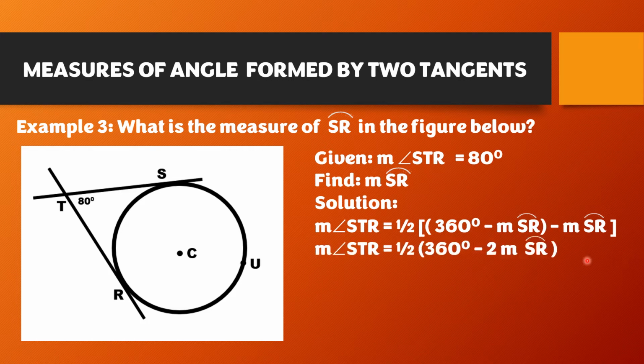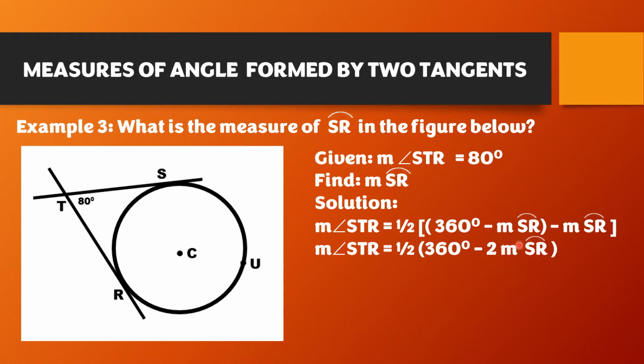And simplifying first the equation, the measure of angle STR is equal to 1/2 times 360 degrees minus 2 the measure of arc SR. So here, how did we get 2 measures of arc SR?